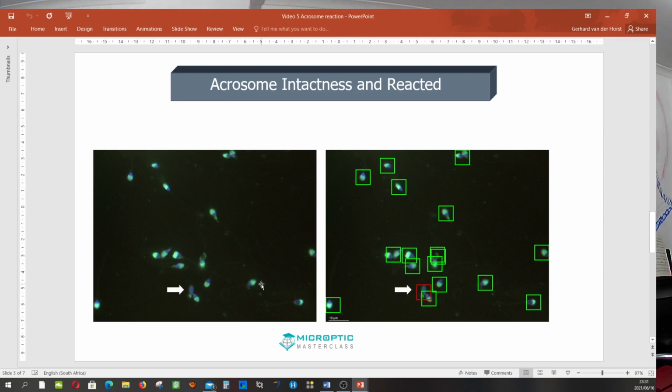And here is an example of acrosome intactness and reacted, where you can see this is the sample and this is how the CASA system analyzes it, and it's recognized all of these as acrosome intact, and of course that one, yes, as reacted.